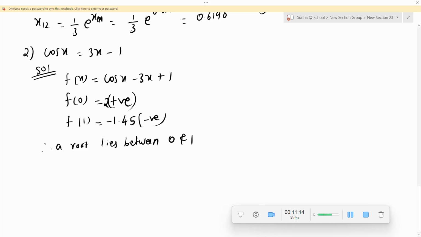The given equation may be written as x equal to 1 by 3, 1 plus cos x. So it is equal to g of x.